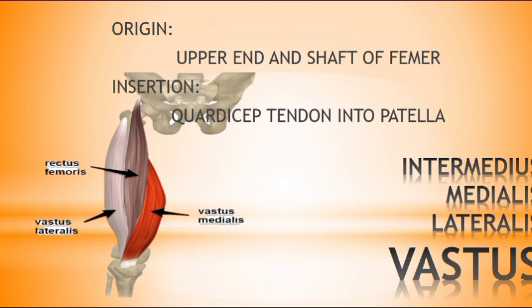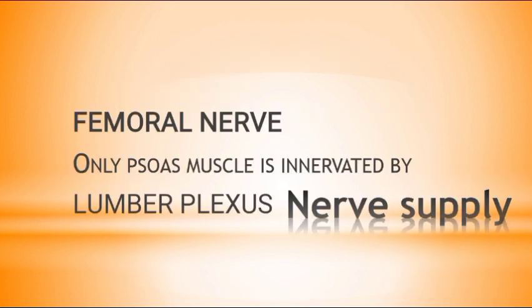Now we'll talk about the innervation of all these muscles. The innervation of all these muscles is the femoral nerve, except one muscle, the psoas muscle. The origin of this muscle was different from the lower limb, as it originated from the vertebral discs.